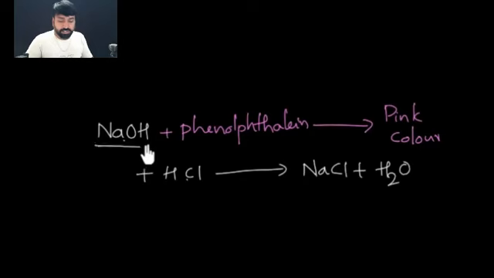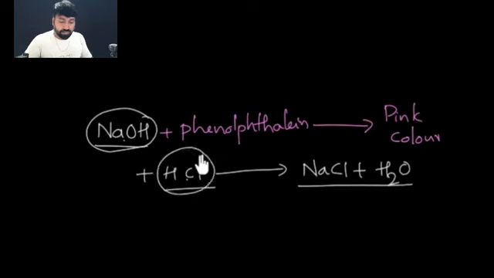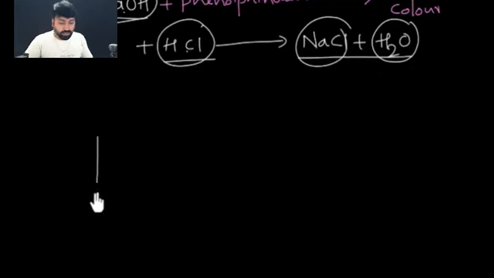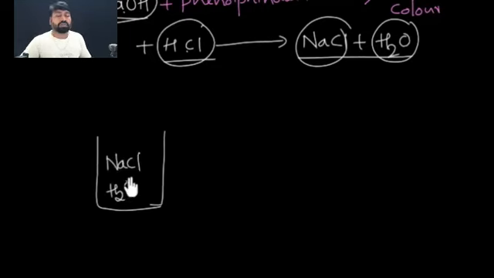When the NaOH completely reacts with the HCl, they react with each other and form NaCl and water. Therefore after the reaction, inside the container we have only NaCl and along with that H2O, but there is no NaOH.